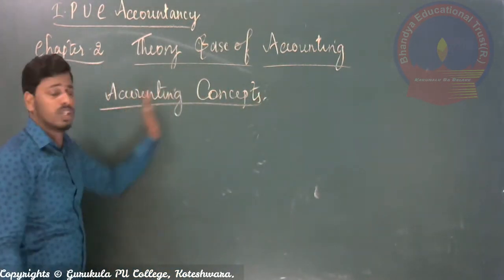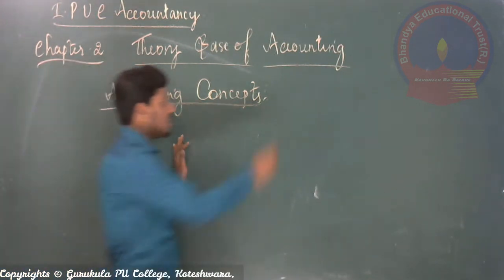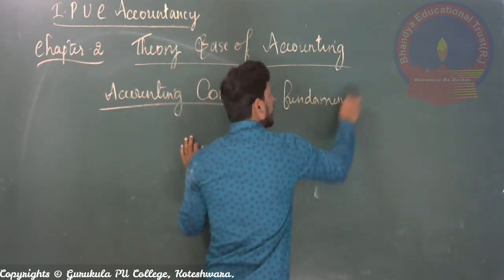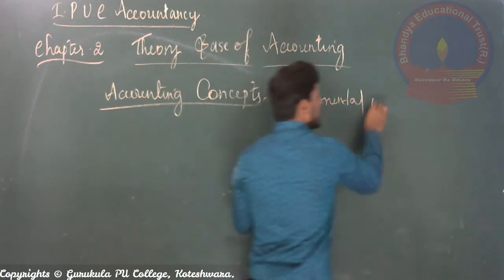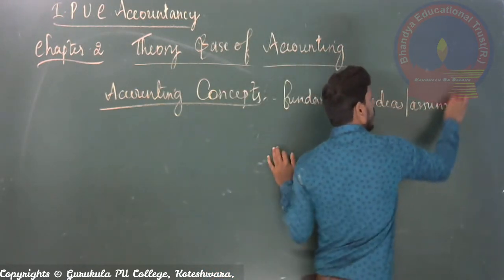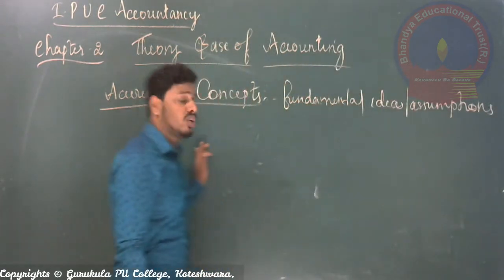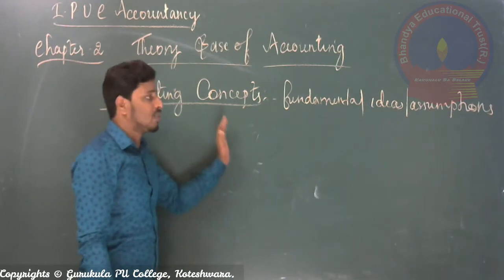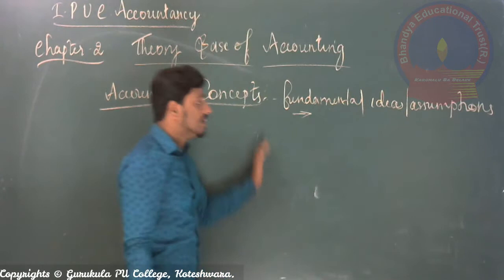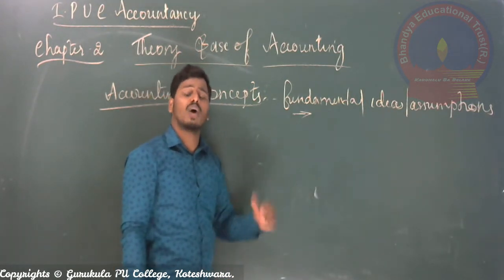Just now I told you the meaning of accounting concepts. Accounting concepts are the fundamental ideas or assumptions which are followed or adopted during the process of preparing the accounting work or the financial statements, and which are accepted by all accounting professionals.